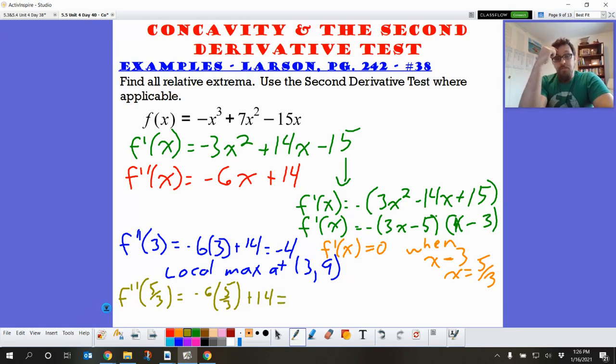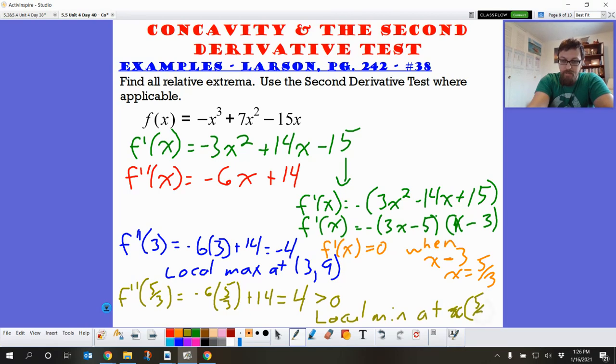That is negative 10 plus 14, so that is 4, which is greater than 0, meaning we'll have a local min at x equaling 5/3. And again, you can just plug that back into the original function. It gets real gross. It's negative 275/27. Yuck, yuck. But not worth our video time to look into.